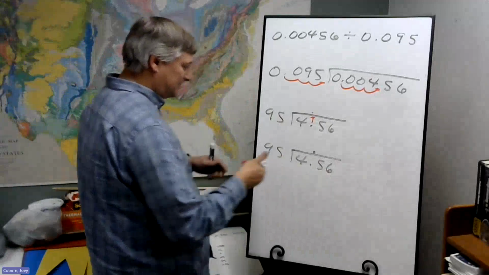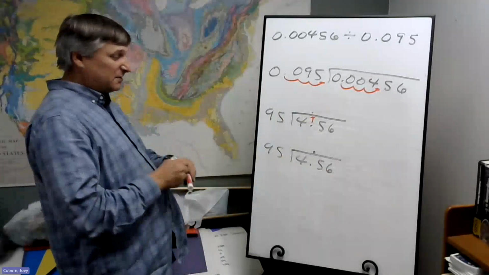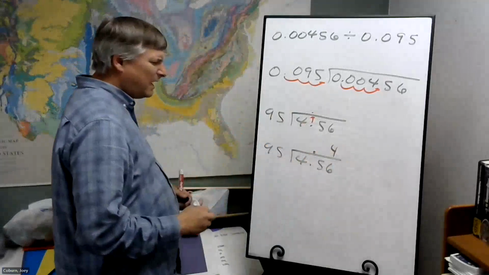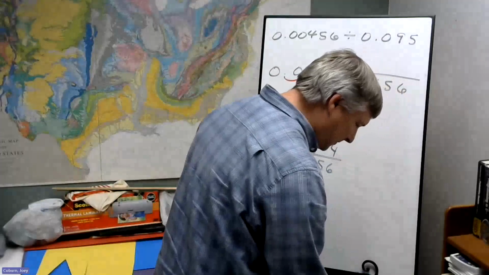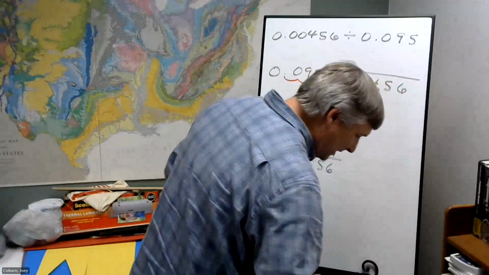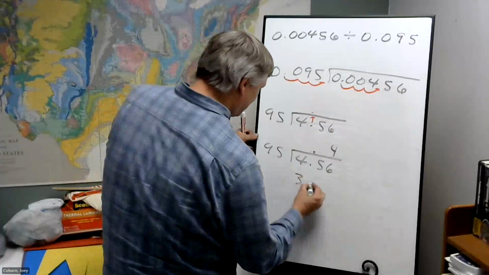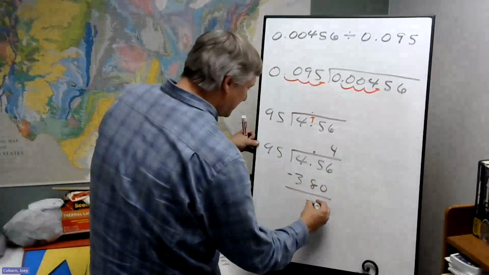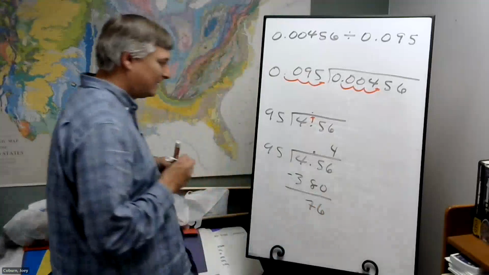So the last digit is 6 for 95 into 456, at most 4 times. There we go. And 95 times 4 is 380. And subtracting, we're going to get 76.